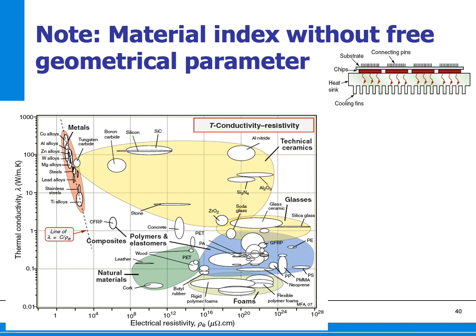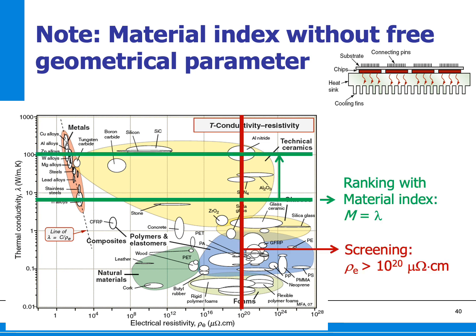And then we did the ranking based on the material index, and since we did not have a free geometrical parameter, the problem was very easy, and we want to find the material with the highest thermal conductivity, which is here symbolized by lambda. So by basically moving this green line up, we found aluminum nitride here to be the best material for this particular problem.